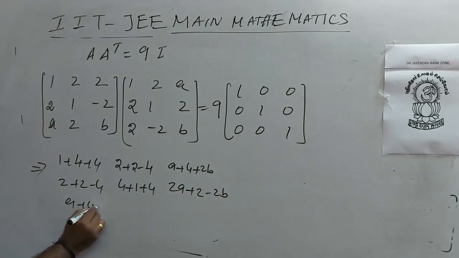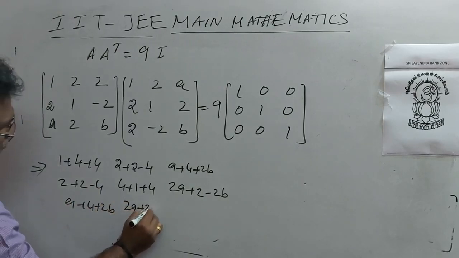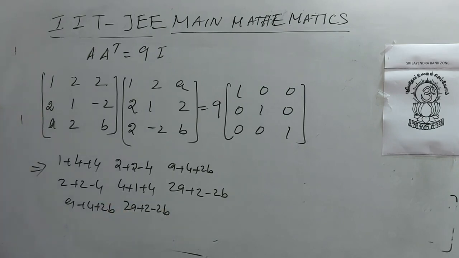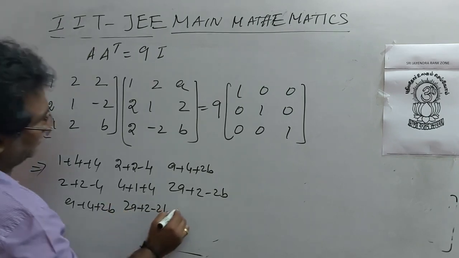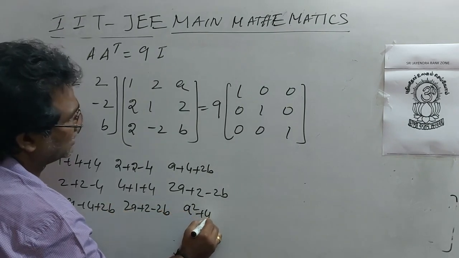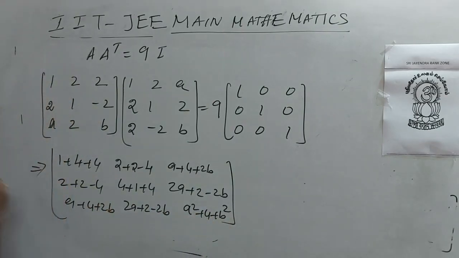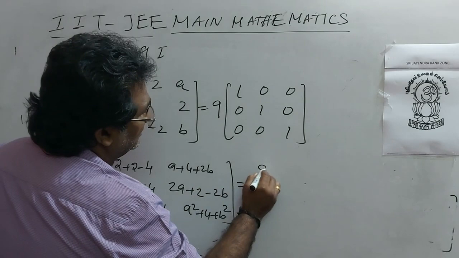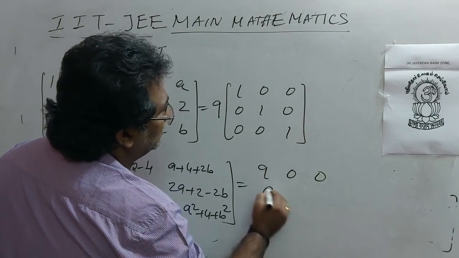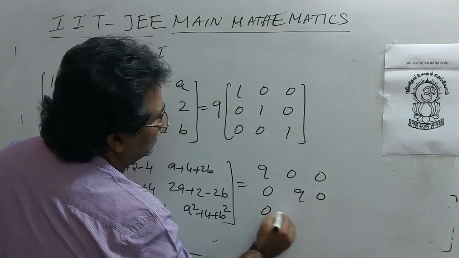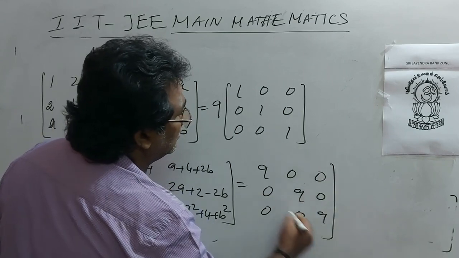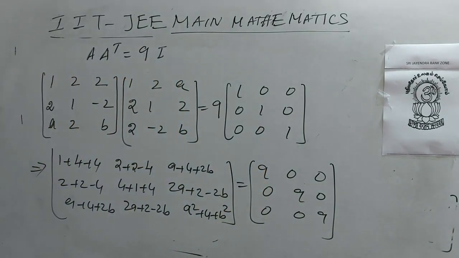A plus 4 plus 2B. 2A plus 2 minus 2B. A squared plus 4 plus B squared equal to 9, 0, 0, 0, 9, 0, 0, 0, 9.